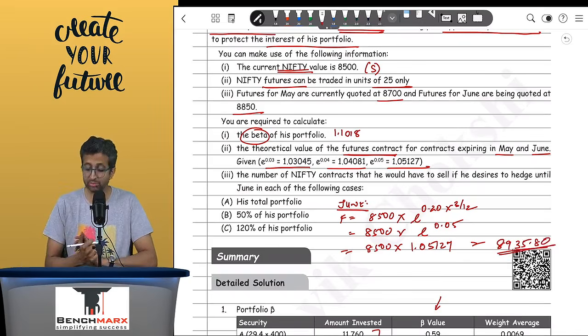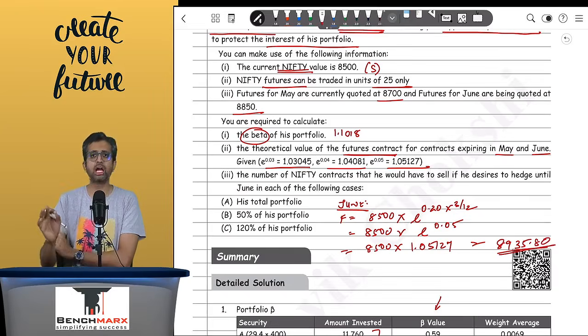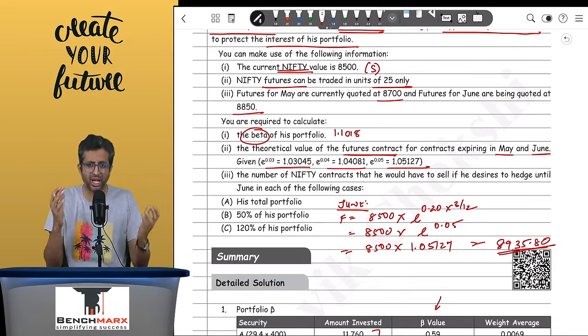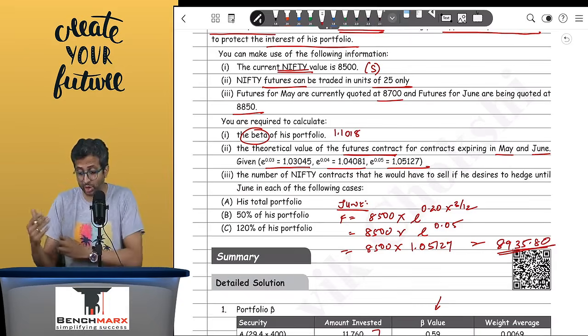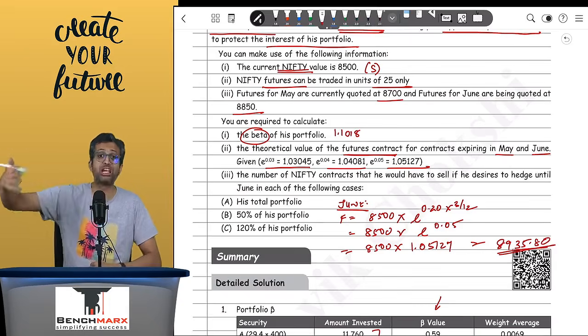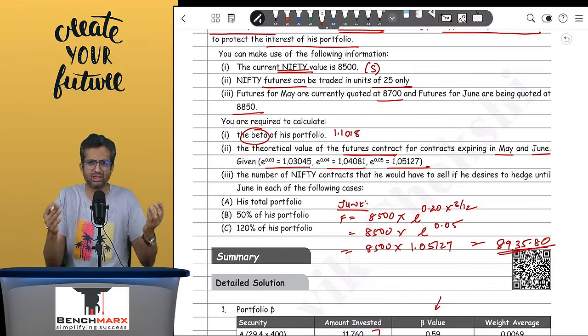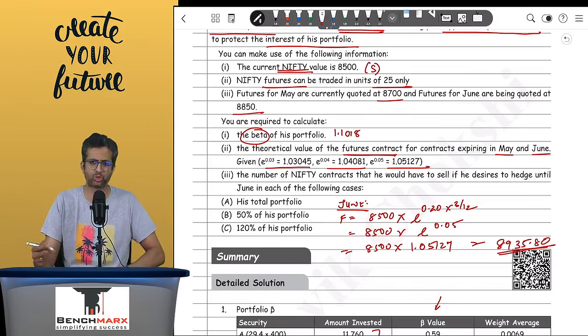So this will be giving you your theoretical futures price for the June contract. Similarly, if you try to do it for the May contract, your value comes to 8,500 into e raised to 0.03333. You will do that working, but again, you have e raised to 0.04, e raised to 0.03. You can use interpolation and find the value if you have to find the theoretical value.